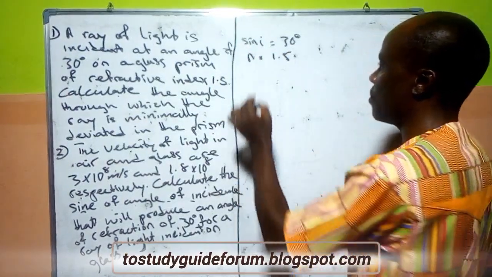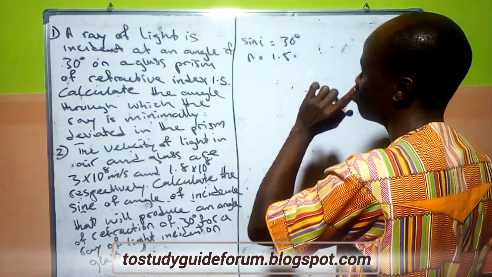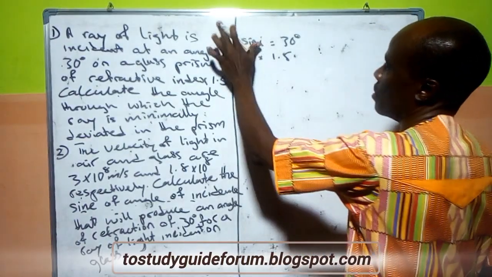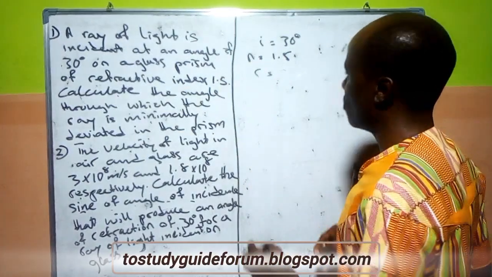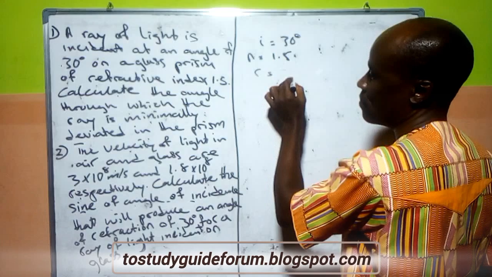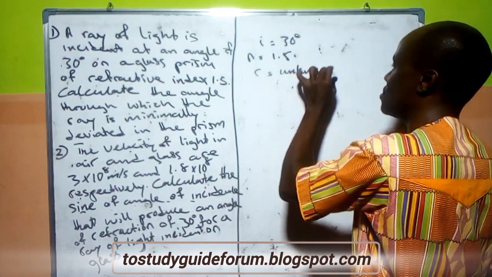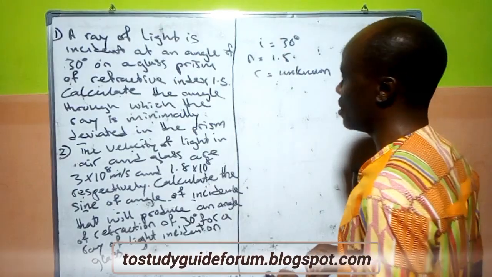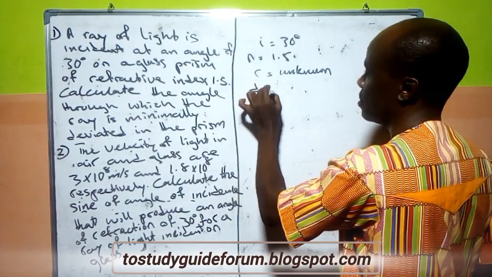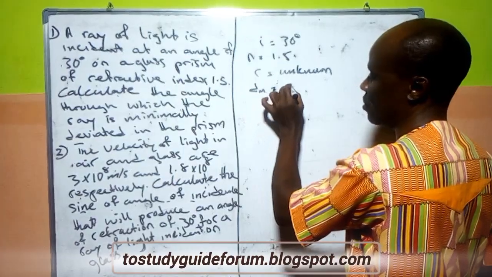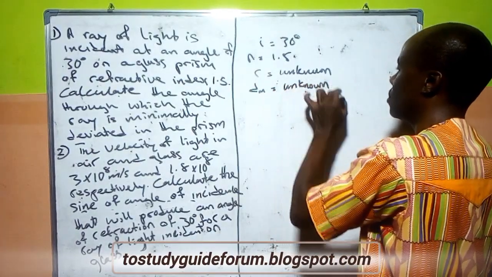The refracted angle, we don't have it, it's unknown. Another thing we don't know is D, the deviation, the minimal deviation.